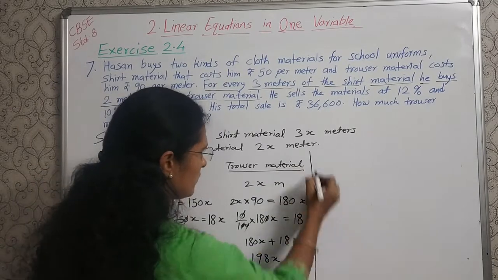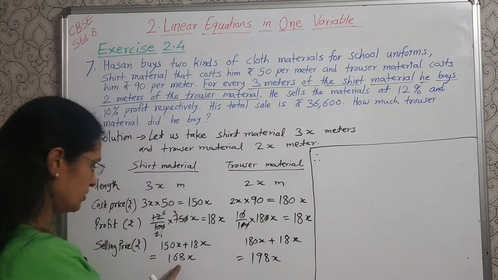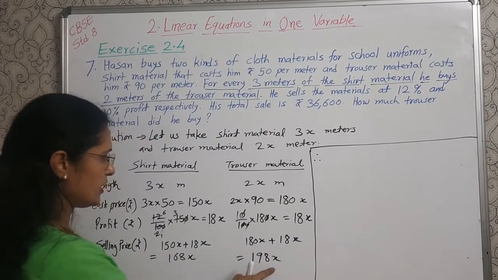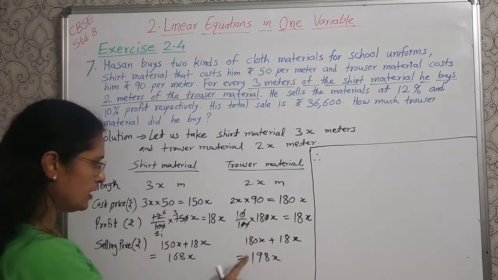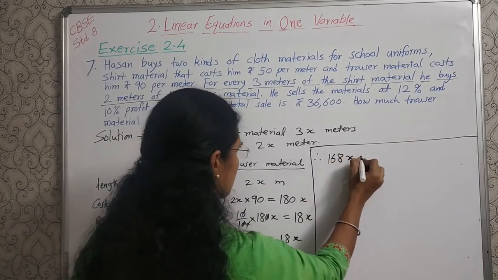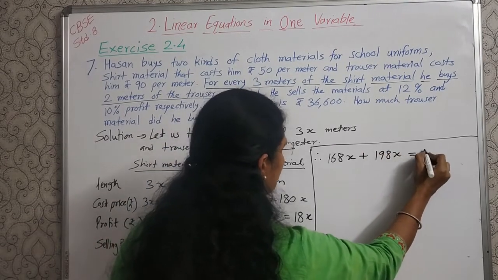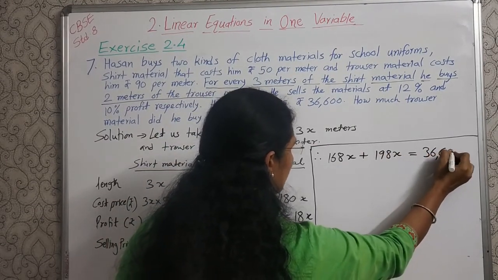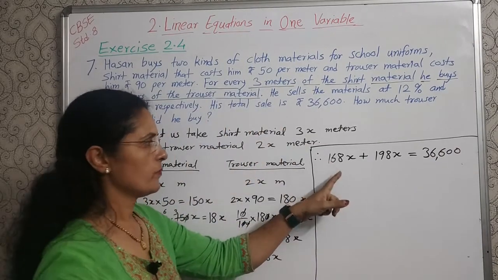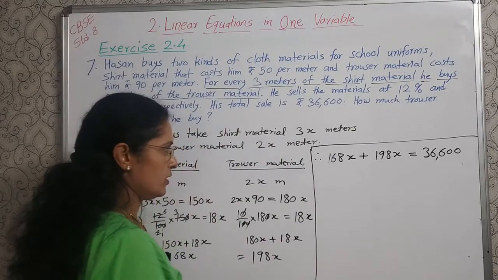Now next we will solve. From the given condition, the sum of the selling price of shirt material and selling price of trouser material: 168x plus 198x is equal to 36,600 rupees. Now we'll solve this equation and find the value of x.